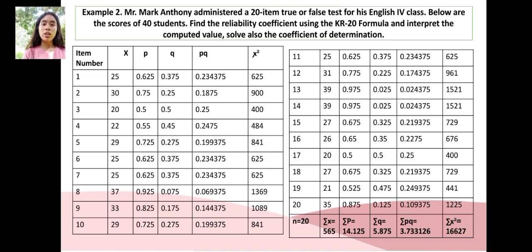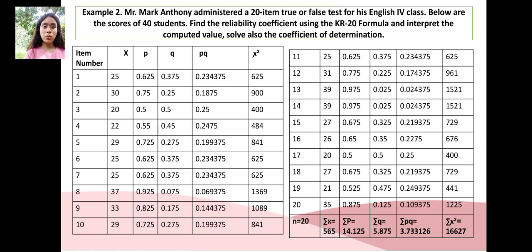Then 30 times 30 we have 900, as well as 20 times 20 we have 400, as well as 22 times 22 we have 484. Hantod sa mahuman. Then don't forget to total all.